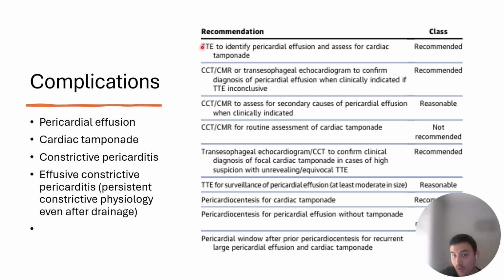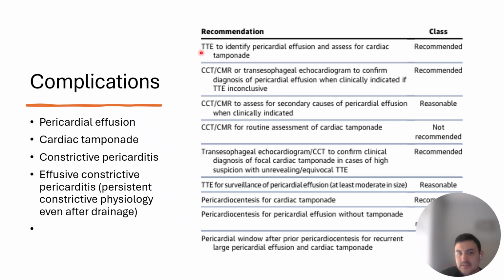Cardiac tamponade, always echocardiogram. Constrictive pericarditis, you may use echocardiogram first, second other tools such as CCTA or MRI, but those are complications. Effusive constrictive pericarditis is when you already drained the fluid, but the constrictive physiology persists.